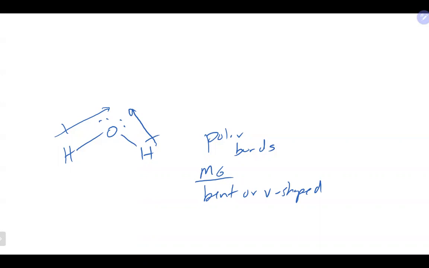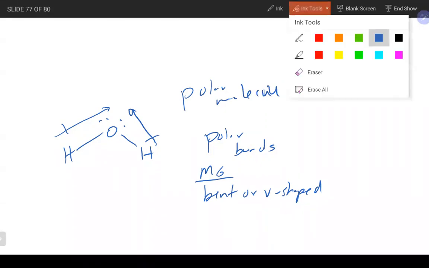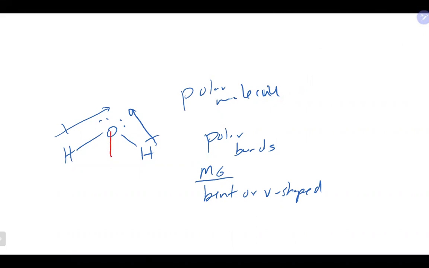If you pull it from the top, you might imagine the whole thing would start to move. These actually add to each other, and this would be a polar molecule with a dipole moment heading in this direction, where the oxygen side of water is more negative and the hydrogen side of water is more positive.